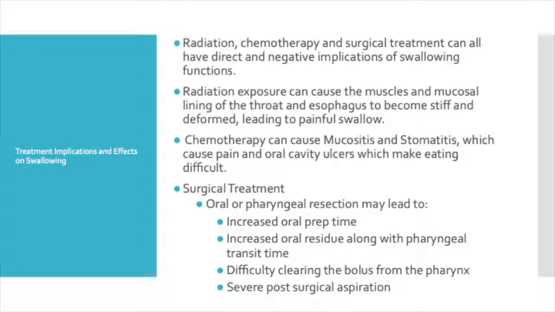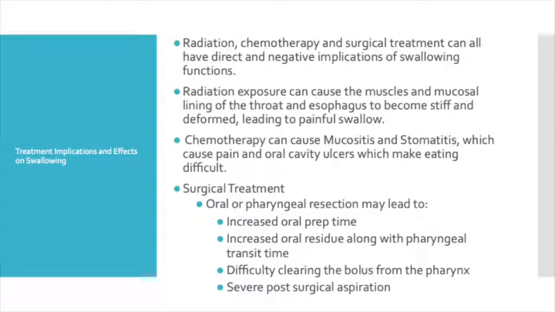Now we will discuss treatment implications and effects on swallowing. Radiation, chemotherapy, and surgical treatment can all have direct and negative impacts on swallowing function. Radiation exposure can cause the muscles and mucosal lining of the throat and esophagus to become stiff, deformed, and often lead to painful swallowing.